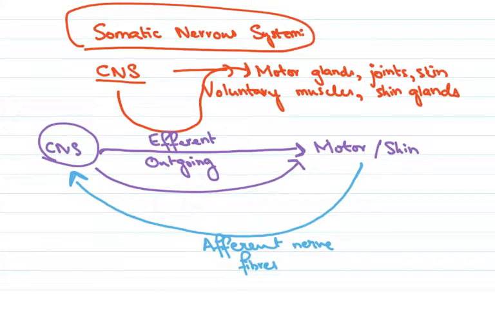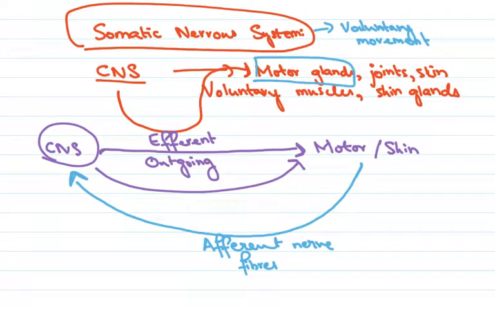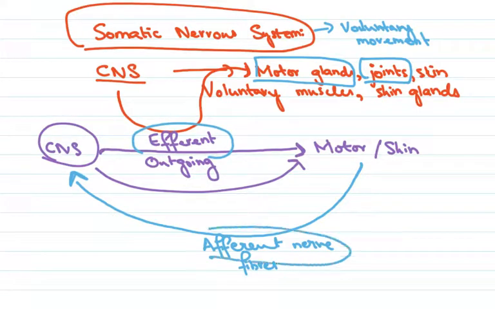It is responsible for mainly controlling all sorts of voluntary movement that happen at the level of joints, what you experience on your skin, all other motor glands, all other joints. And there are two different pathways that make up the somatic nervous system: one is the efferent and one is the afferent with an A, and these are basically the incoming nerve fibers.